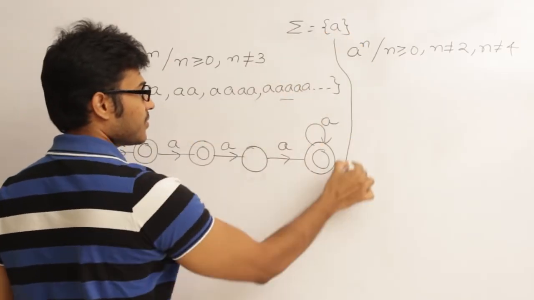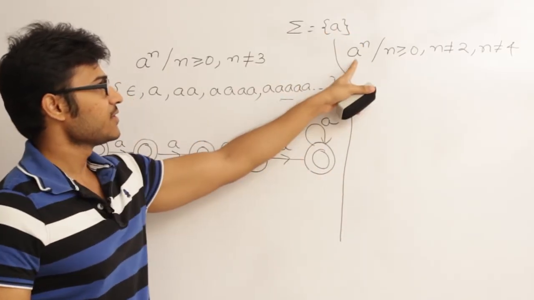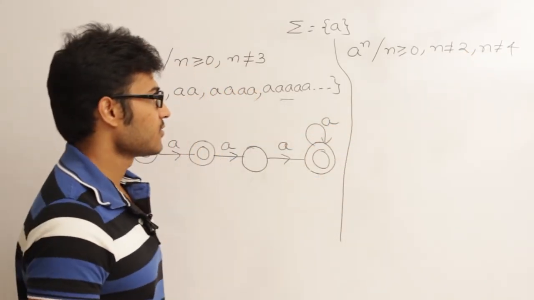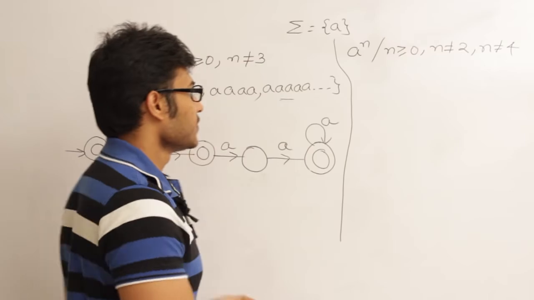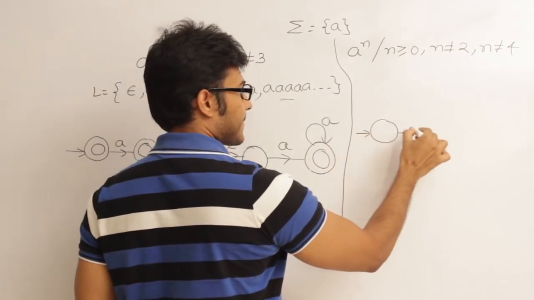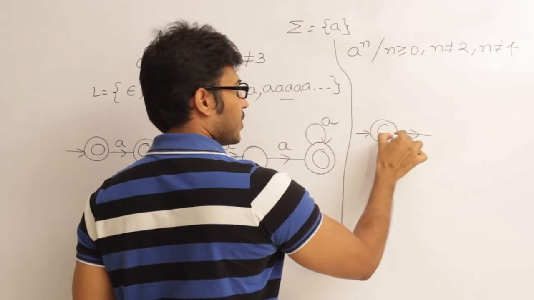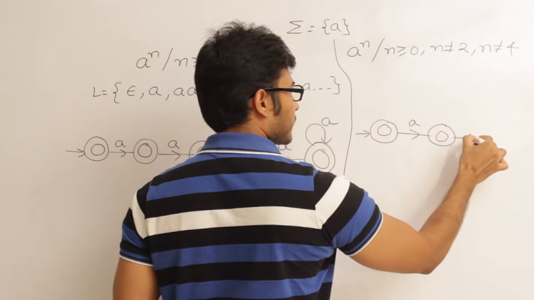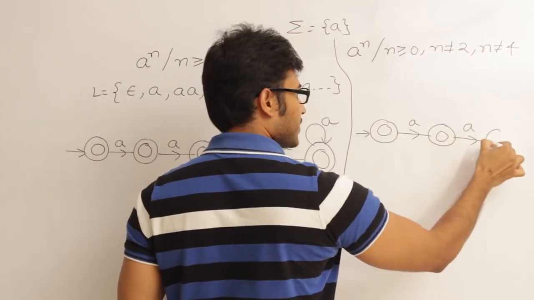Let us see one more example where we have to accept everything except A square, A cube and A power 4. Which means you have to accept 0 A's, 1 A, and you should not accept 2 A's.